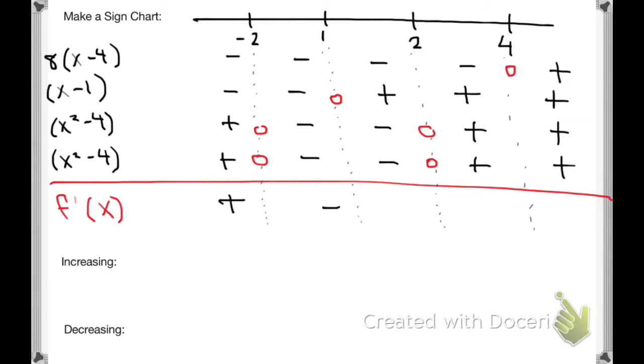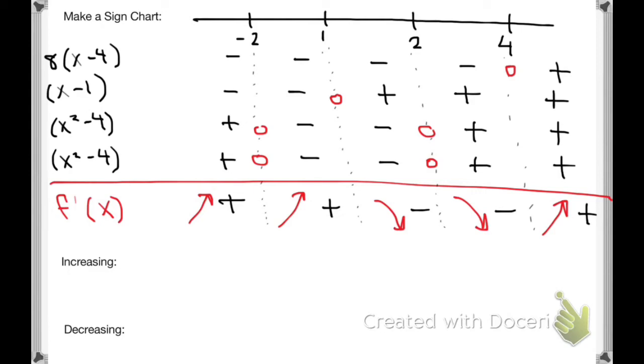So a negative times a negative is going to give us a positive, and a positive over a positive is a positive, and so on and so forth for all of these intervals. So you see that we get a positive, a negative, and a positive. Positive values means that those are intervals in which our graph is increasing, and negative values is going to be when our graph is decreasing.